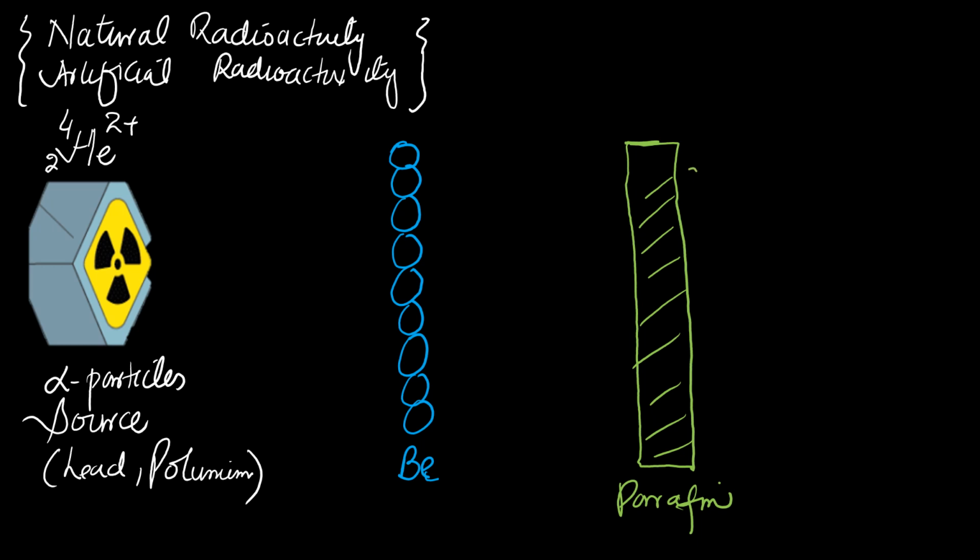Since you know that paraffin has carbon and hydrogen bonded together, it has carbon-hydrogen bonding. This means that paraffin has more hydrogen, so paraffin is proton rich. So proton-rich paraffin wax was used by James Chadwick. You can use normal wax and also paper for the production of protons.